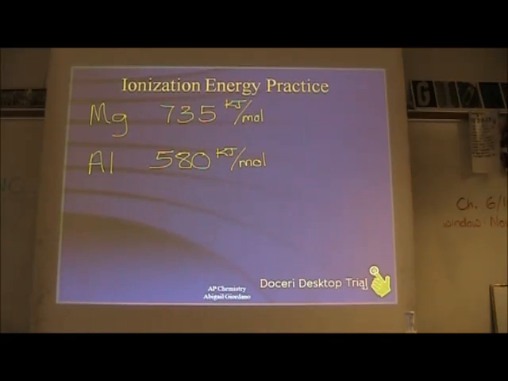Those are their first ionization energies. All right, let's review here. True or false? Moving from magnesium to aluminum, we are moving from left to right. True, very good. True or false? As you move from left to right, ionization energy generally increases. True.